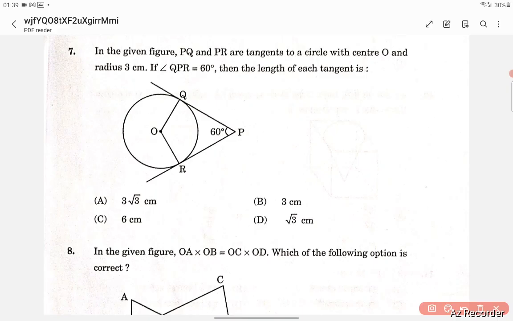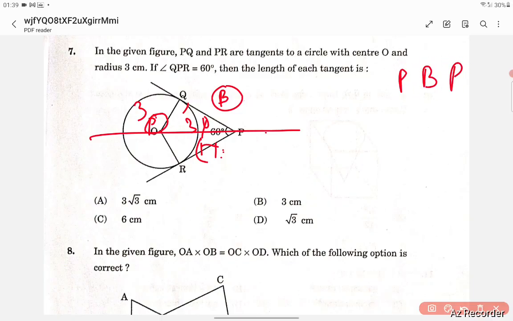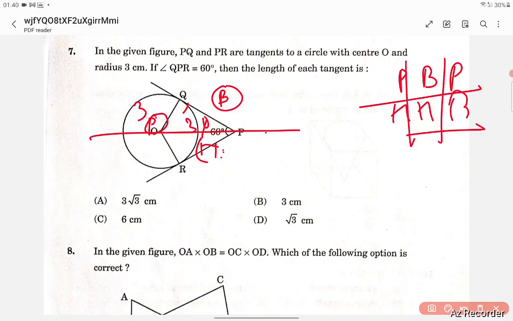So let me do this question again. 30 degree, okay, radius is 3 centimeter, and this is the hypotenuse, this is the base, and this is the perpendicular. So we will use base and perpendicular ratio, we can use tan.